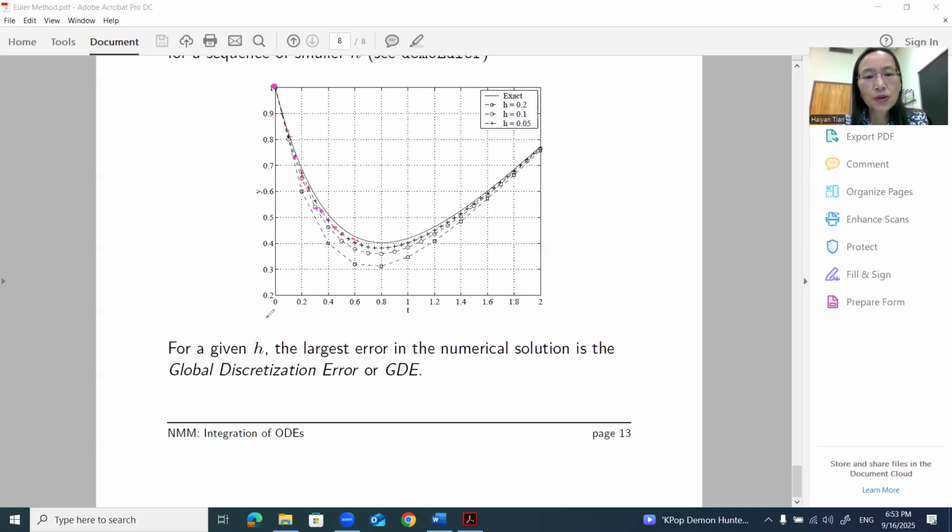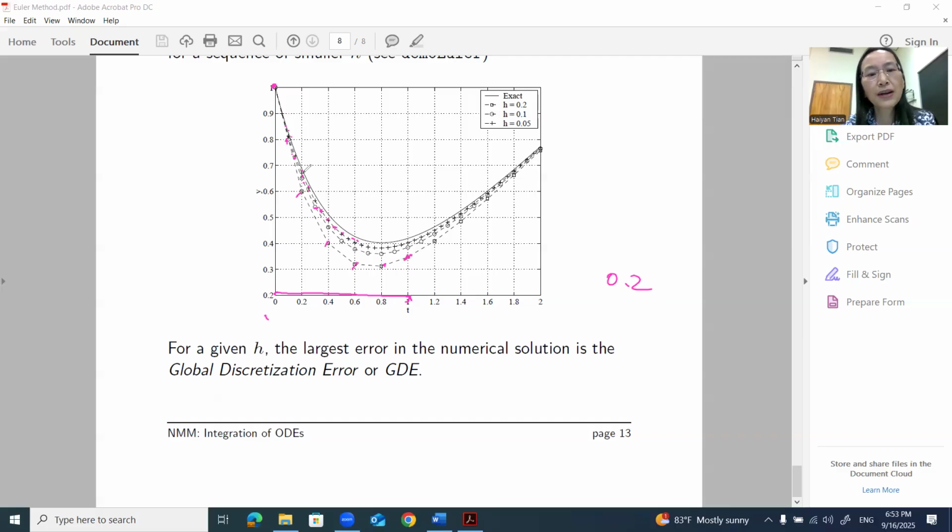Let's assume for the interval from 0 to 1, if you use 0.2 each step, then you will do 5 steps. 1, 2, 3, 4, 5.